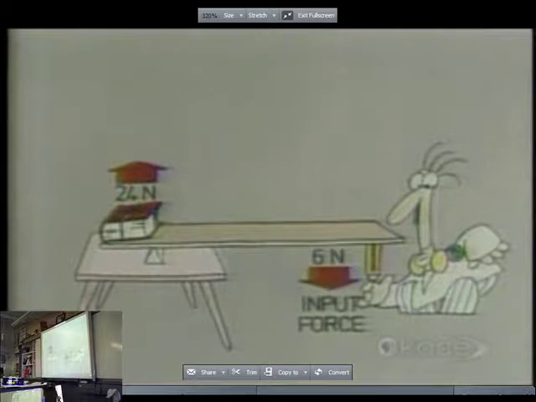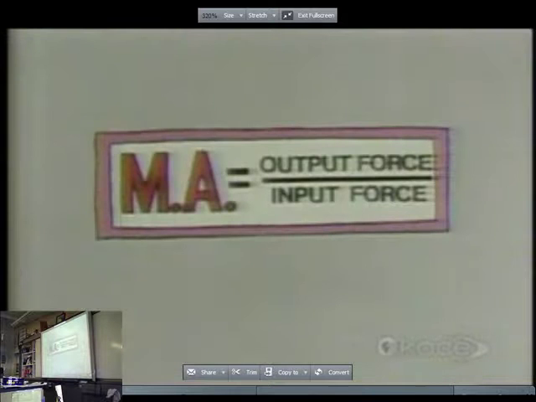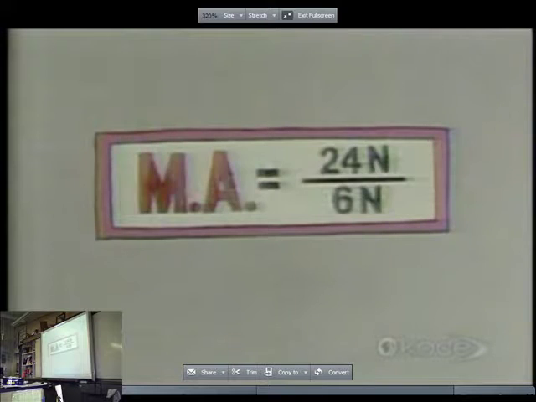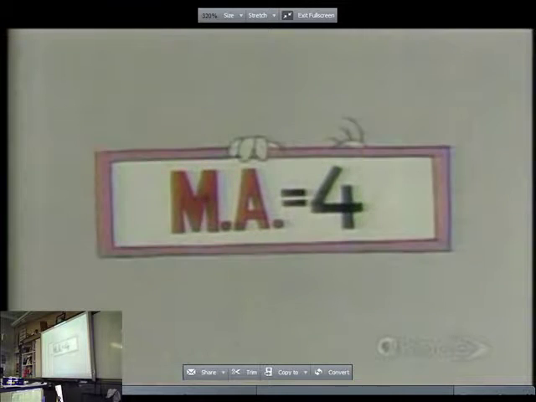In other words, his input force was 6, and his output force was 24. And all you do to calculate the mechanical advantage of a machine is divide the output force by the input force. So Professor B's lever had a mechanical advantage of 4.